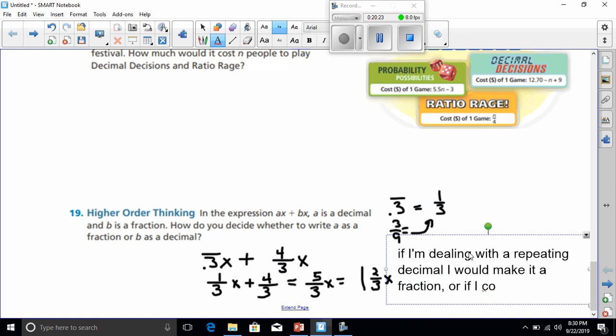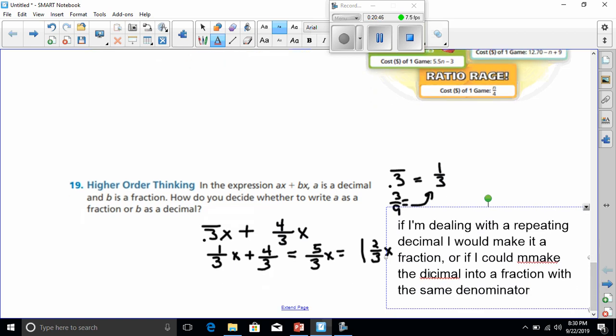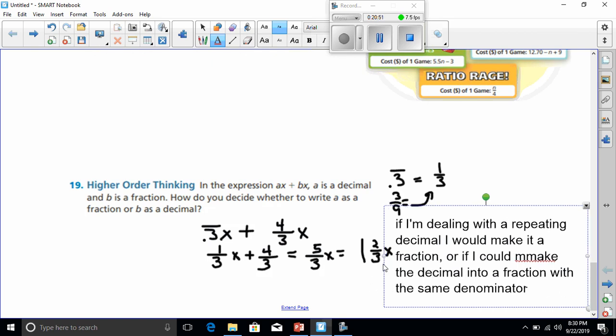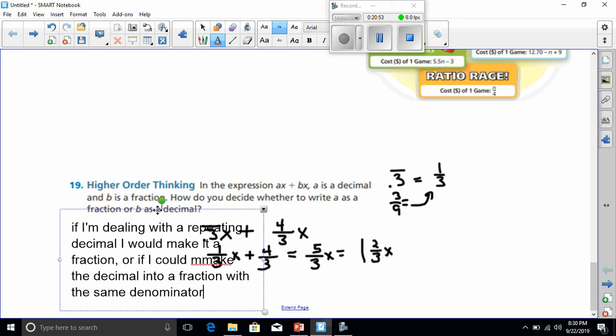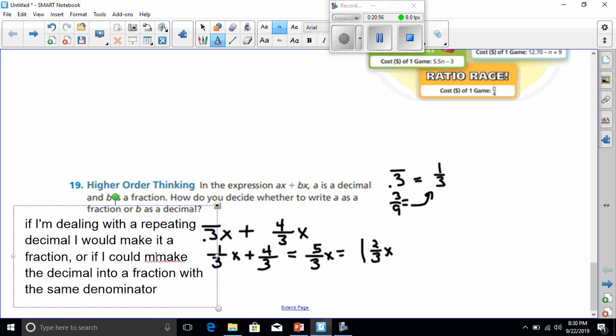Or if I could make the decimal into a fraction with the same denominator. Okay. And that would probably be the only reasons that I would go ahead and say that I would like to change one number to another.